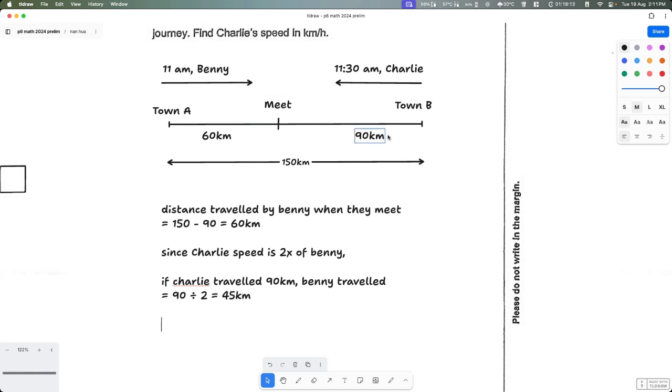So now we know that when Charlie traveled 90 kilometers, Benny only traveled 45 kilometers. Okay, so we still don't know the time, but we know the distance now.